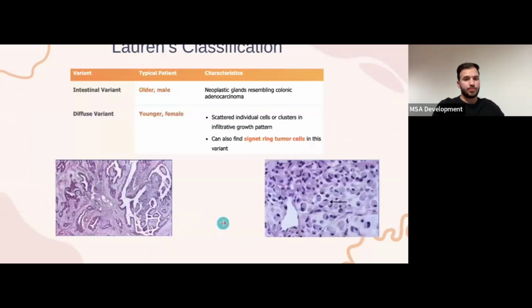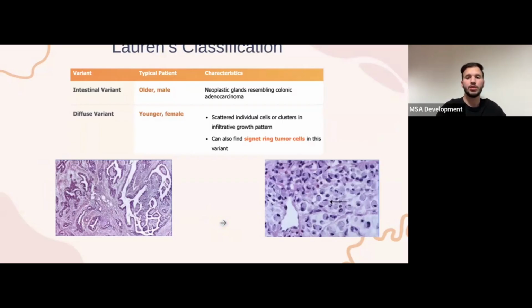Lauren classification. This is a classification to differentiate between the intestinal variant and the diffuse variant. The intestinal variant is mainly in older males, while the diffuse variant is mainly in younger females.